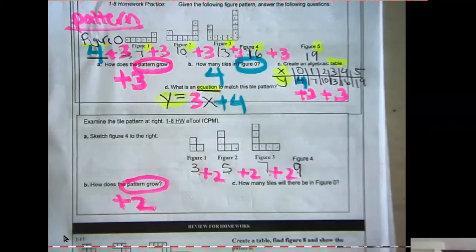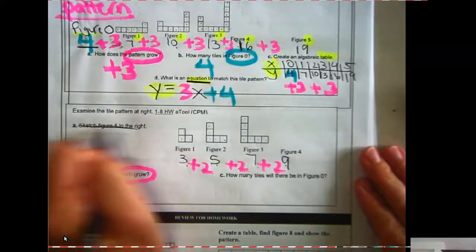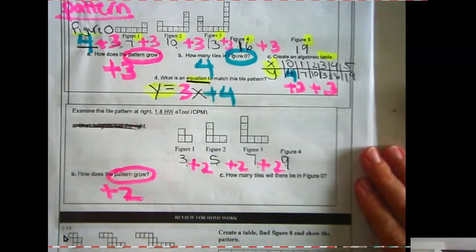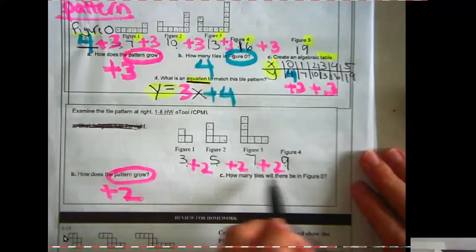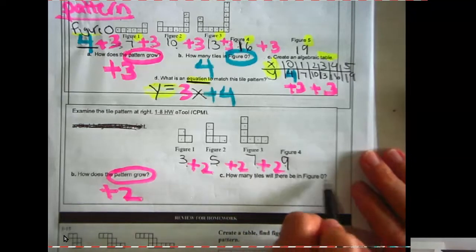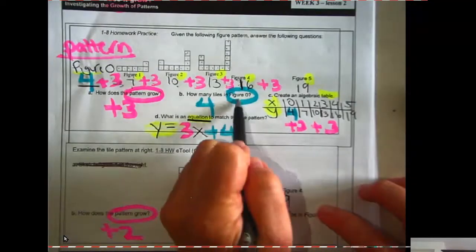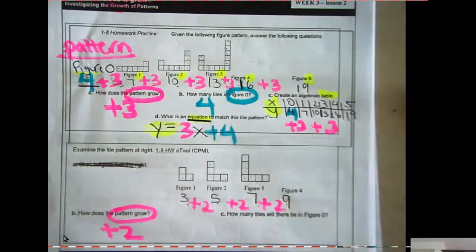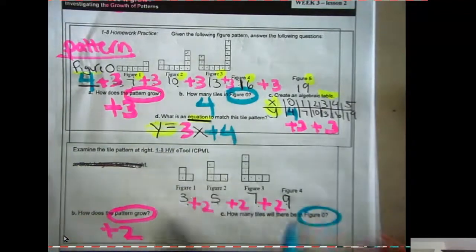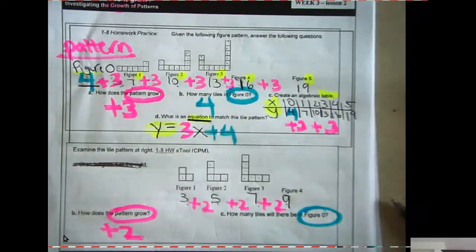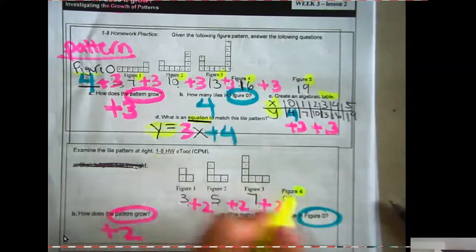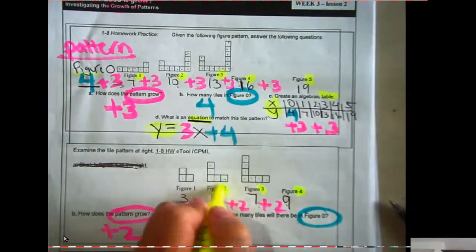Okay? So I'm going to change this question here. We're going to cross this off because I don't care about you sketching it. But they want to know how many tiles will there be in figure 0. Every time I do figure 0, I'm always going to use my blue highlighter. So this is figure 4. This is figure 3. This is figure 2.